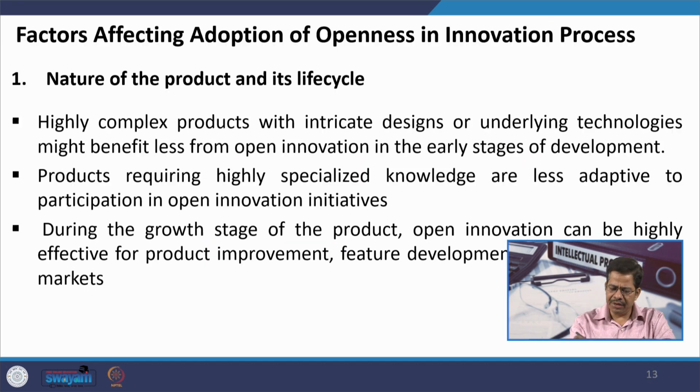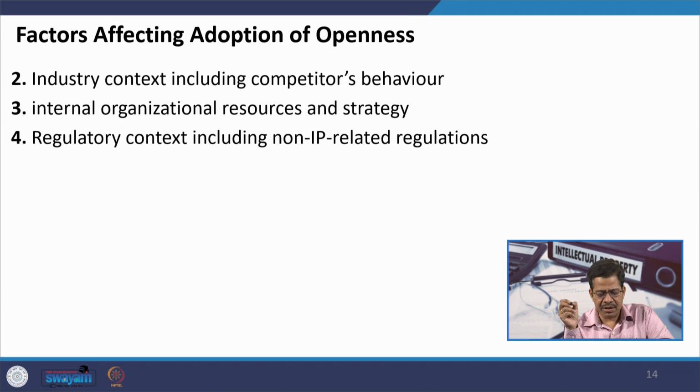Then these days, as I am already mentioning, openness in the open innovation process is continuously increasing because of a lot of new developments which are happening in the field of software and digital technologies. It requires a good amount of collaboration. So, the nature of the product, which is mostly digital these days, is the big reason for going into open innovation systems.